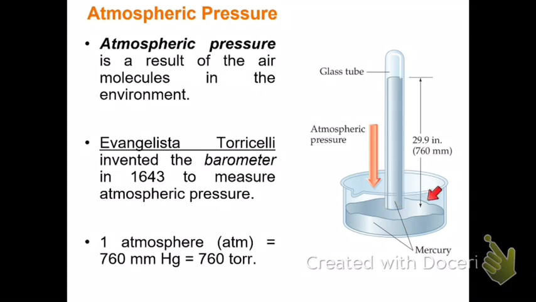So, for example, if you were to measure the atmospheric pressure right now and you get this height, 29.9 inches of liquid mercury, then that is the atmospheric pressure in that city.